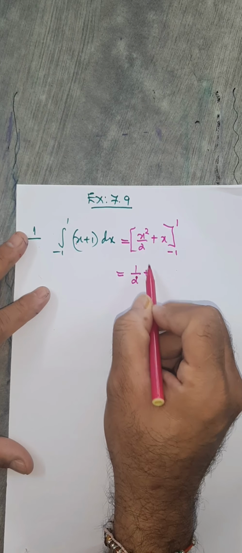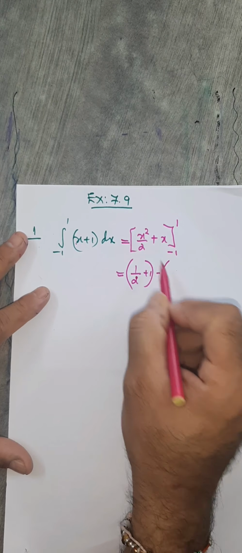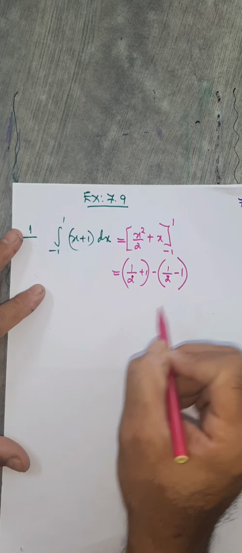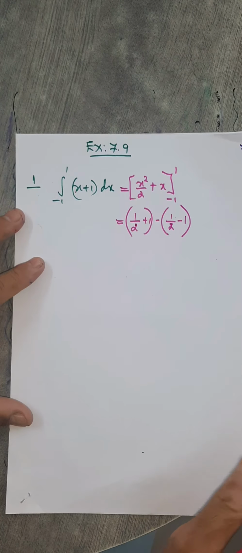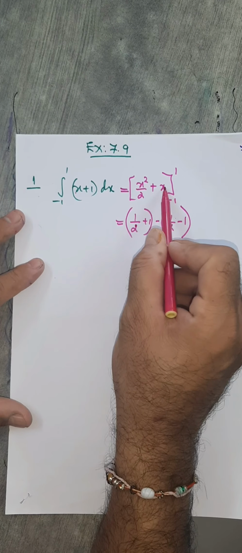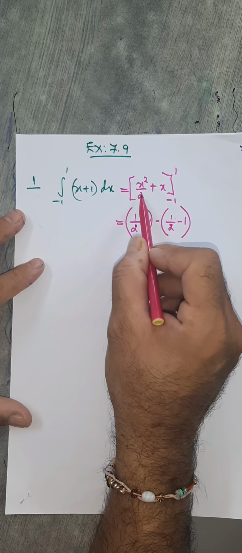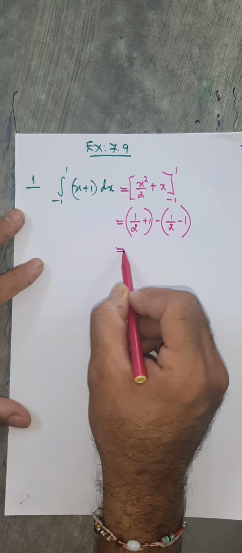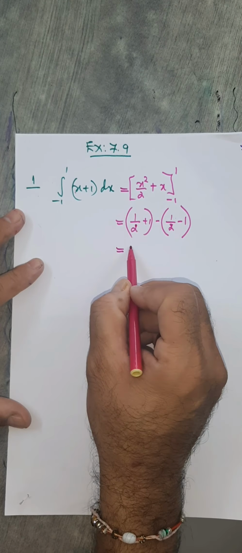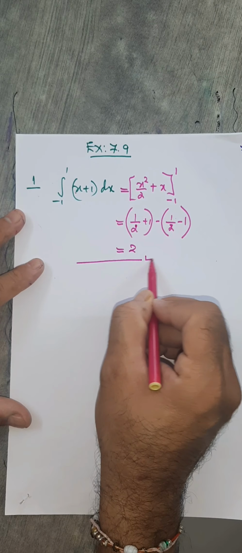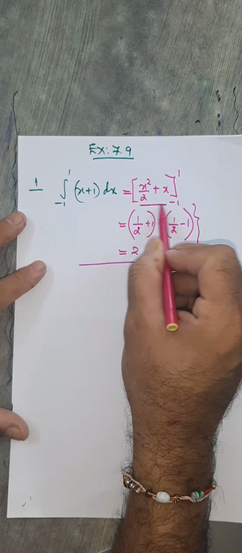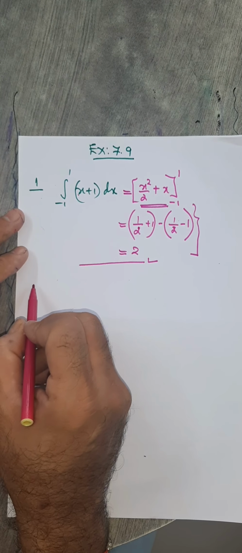So here 1 by 2 plus 1, minus, instead of x you put minus 1, so 1 by 2 minus 1. Now you can see that this half and this half will get cancelled, so final value will be 2. Right? Only this much is new for you, remember, this much you know, this is indefinite integral.